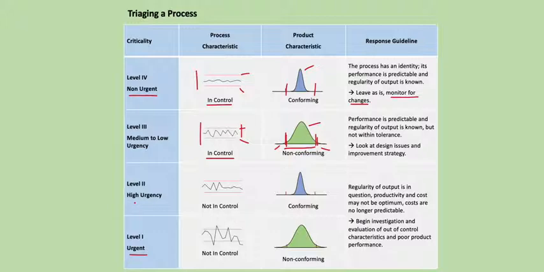The next one is even more urgent. Here we have a process that's not in control. Maybe it was in control at some point, and then something happened, and all of a sudden there was a process shift. Yet it's producing product that's conforming. So you may say, well, what's the big deal? I'm producing an output that's still conforming to the requirement.